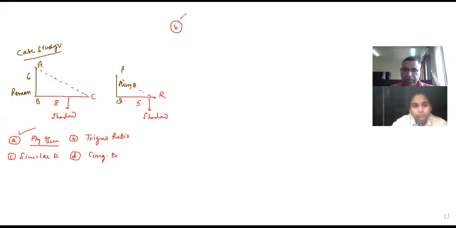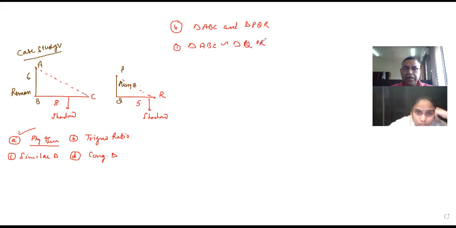The symbolic form of similarity of triangle ABC and triangle PQR is: number one, in what way will you write that the two triangles are similar? One is triangle ABC is similar to triangle QPR. Second is triangle ACB similar to triangle PQR.